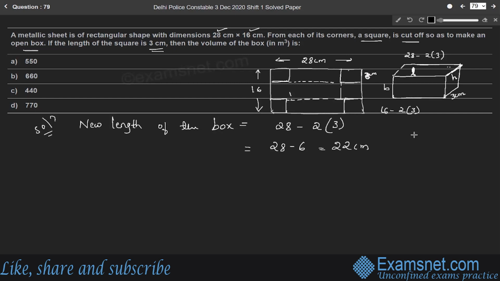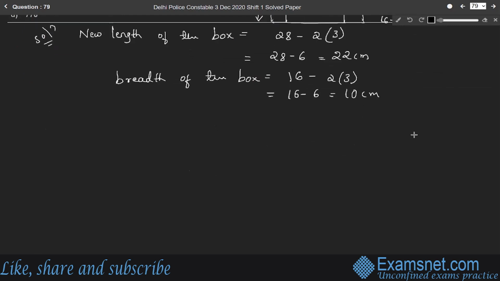22 centimeter. And breadth of the box becomes its original breadth of the sheet was 16 minus 2 times cut portion, 2 times 3. So 16 minus 6, which is 10 centimeter, right? So, and the height is the length of the cut portion, which is 3 centimeter.